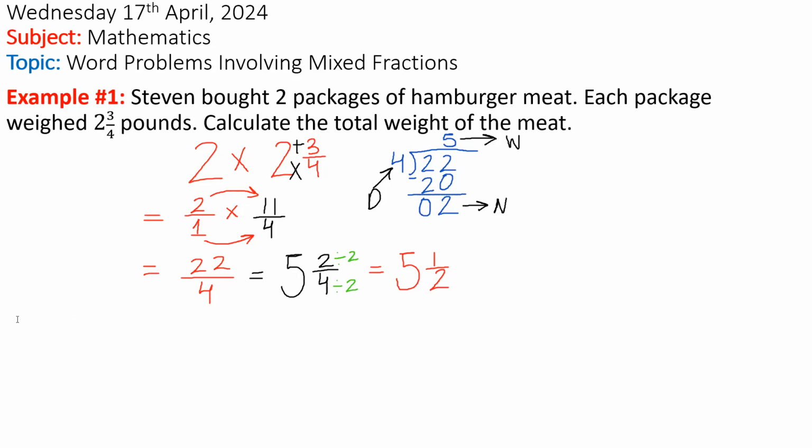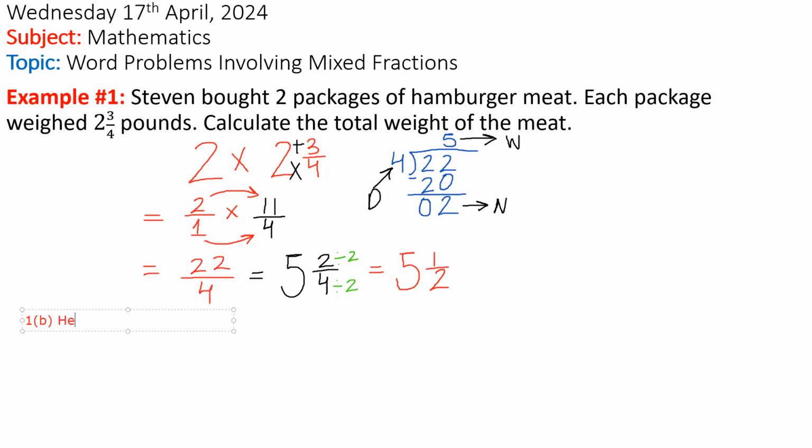Okay, good. So we figured out how to get the total amount of meat, or the total weight of the meat, right? Now the next question says that he divided. So let's do this one. This is part 1B.